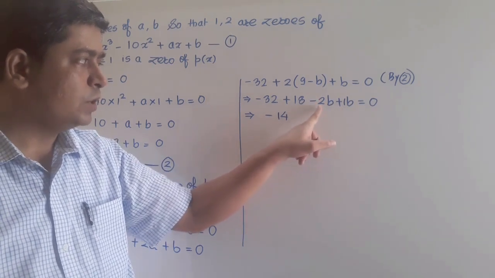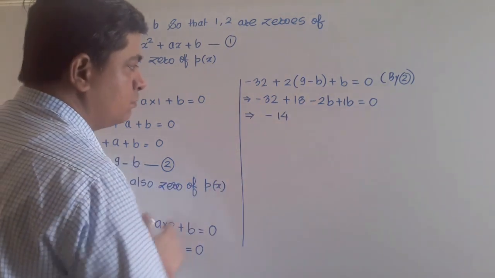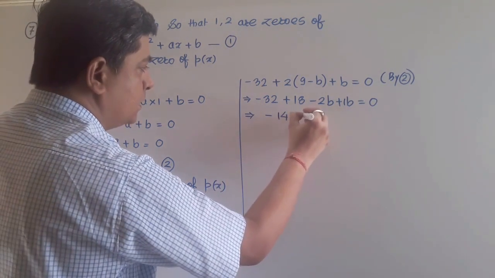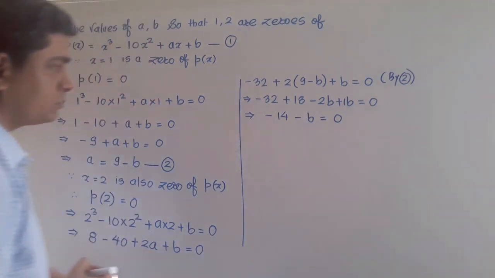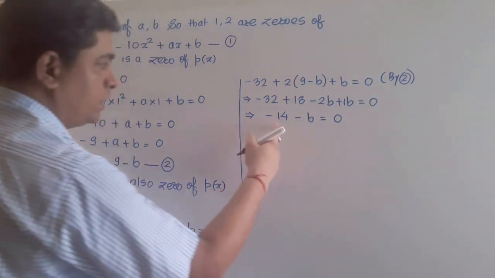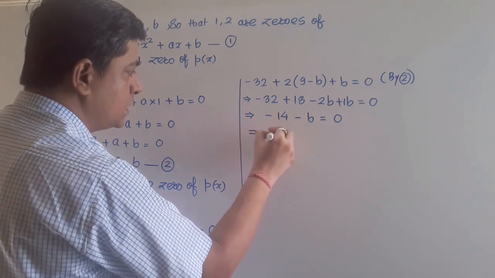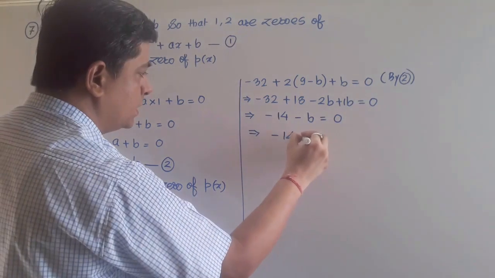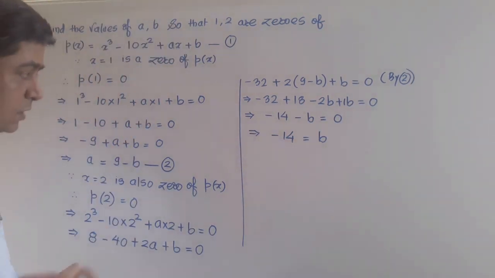So from 2 if I subtract 1, remaining is 1. And the sign of the bigger term means minus I will apply here. This will be minus b is equal to 0. Right? Now minus 14 will go to that side, or minus b you can send. So this will be minus 14 is equal to plus b. So this will be the answer of b.